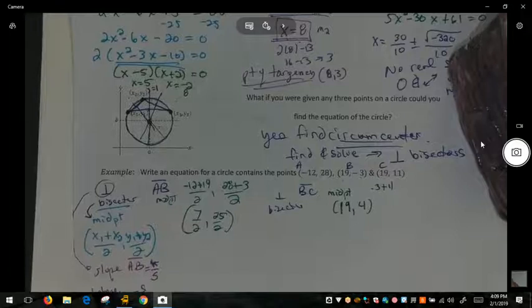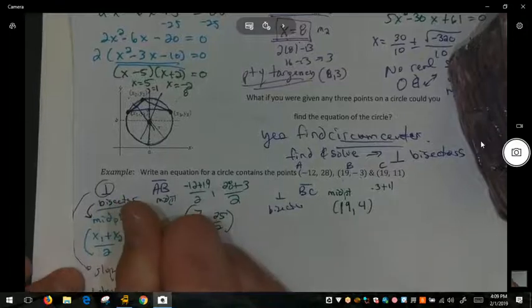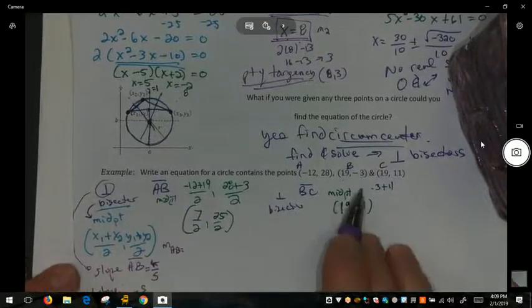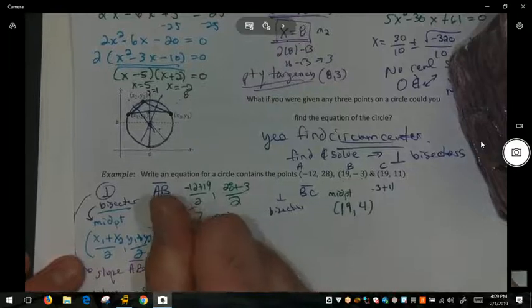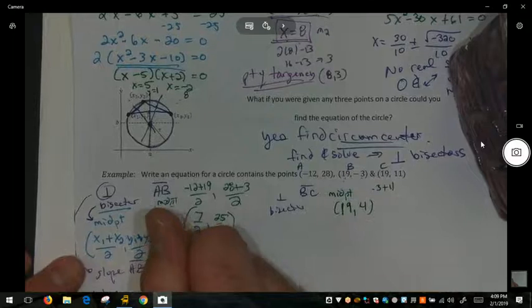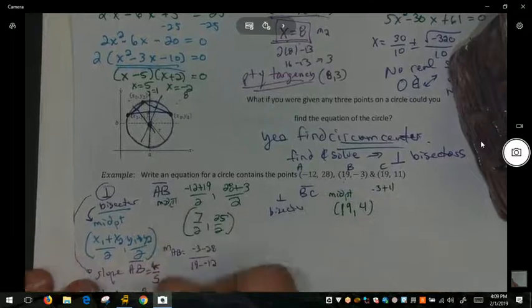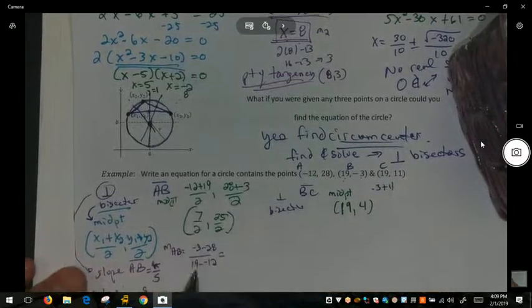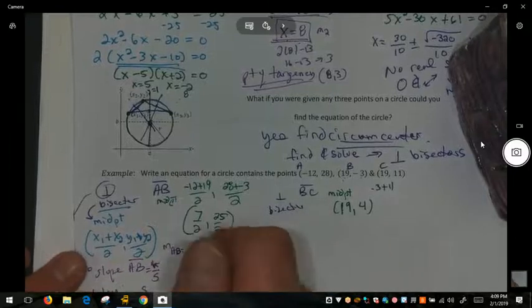I need the slope as well. So my slope of AB is -3 minus 28. I do the second minus the first, 19 minus -12. You can do first minus second as long as you're consistent on doing the same thing to the bottom that you do in the top, the same order.